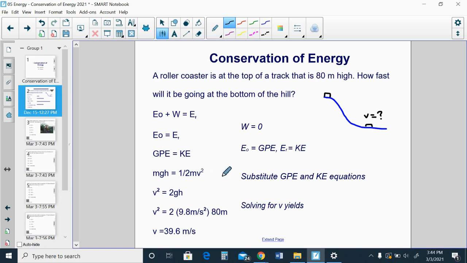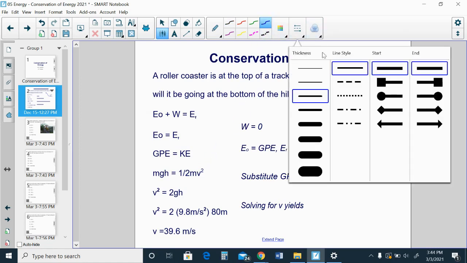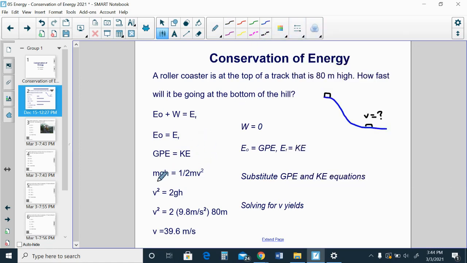Rearranging it a bit. So to get rid of the half, you would just multiply by 2 and divide by m.